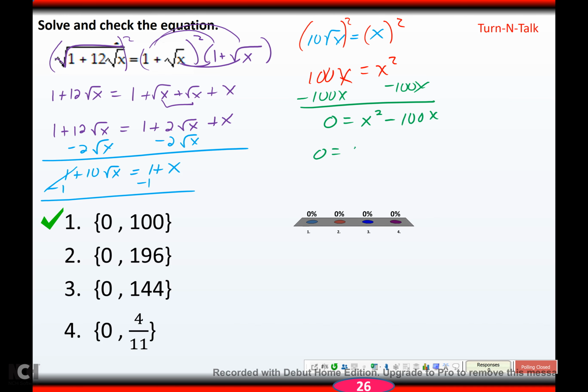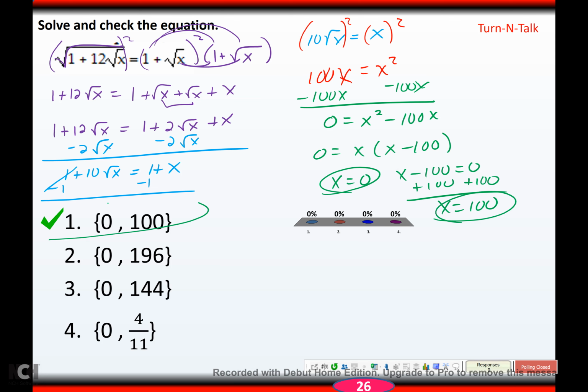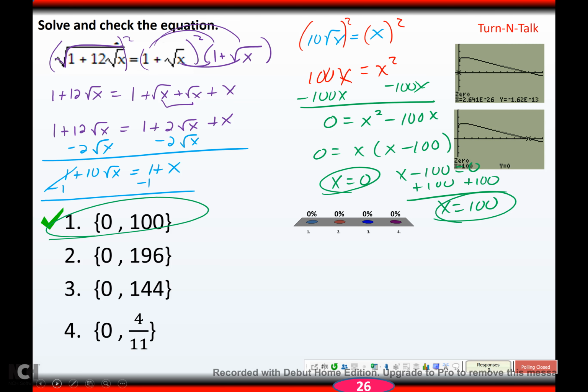I can factor out an x, which leaves x minus 100. So x equals 0, x minus 100 equals 0, add 100, add 100, x equals 100, and then you'd have to test them, but they both work. Alright.